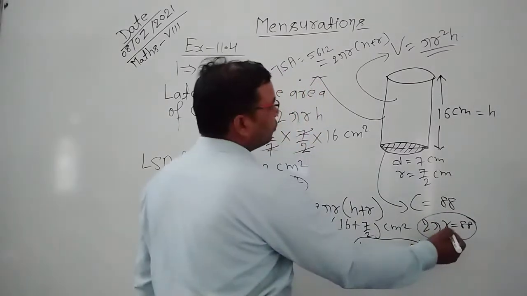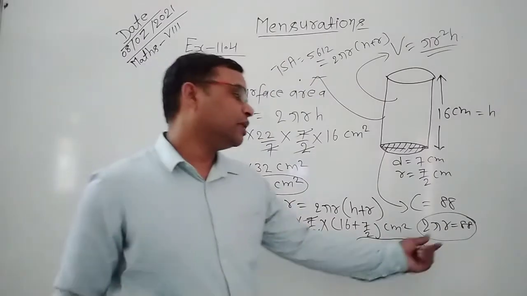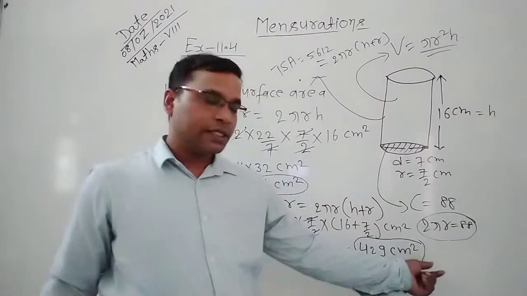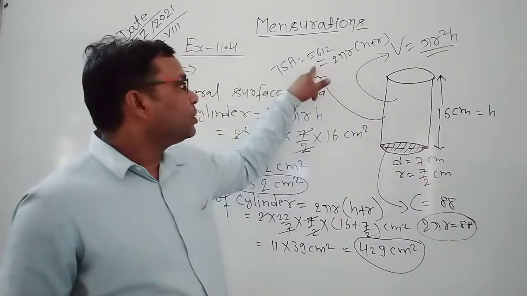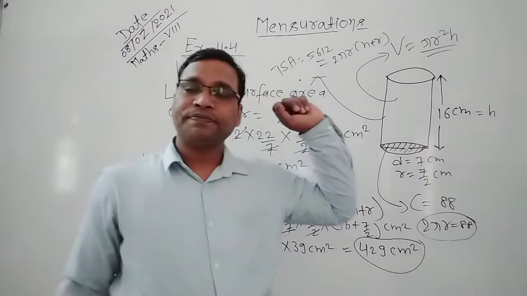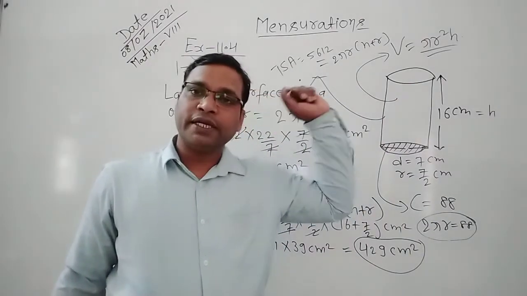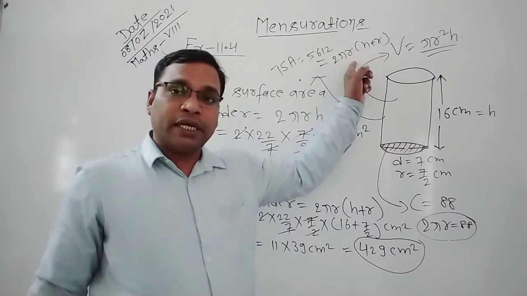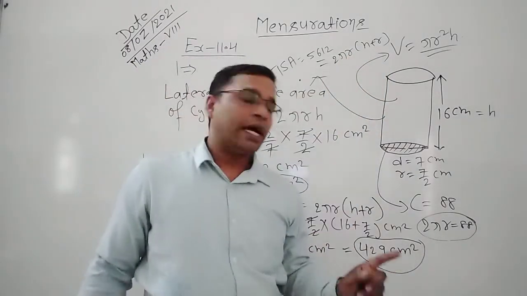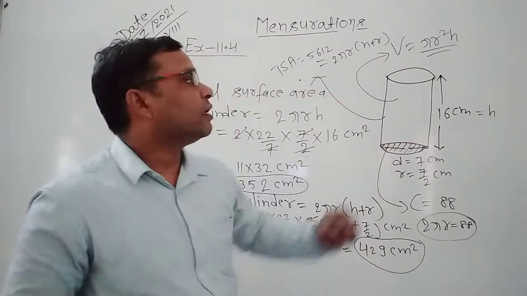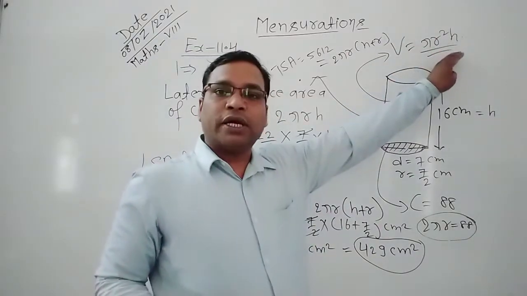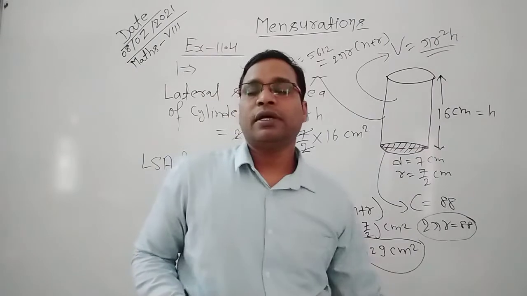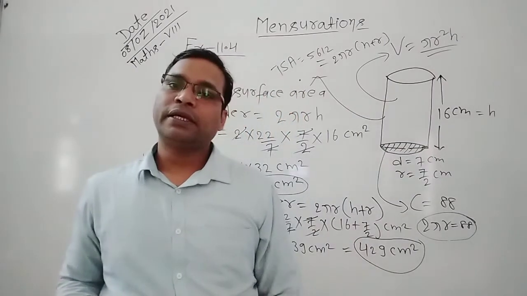So here we find the value of r, the radius of the cylinder, and if you put the value of r here, then you find the value of h. After this we put the value of h and r in the formula pi r square h, then we find the volume of the cylinder.